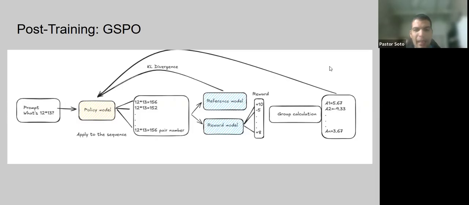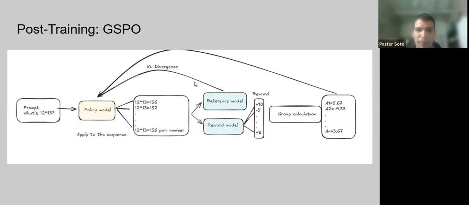The main difference between GSPO and GRPO, which is the previous one, is that GSPO was introduced by DeepSeek recently, and it is applied to the sequence. So this sequence, 12 times 13, is equal to 156.